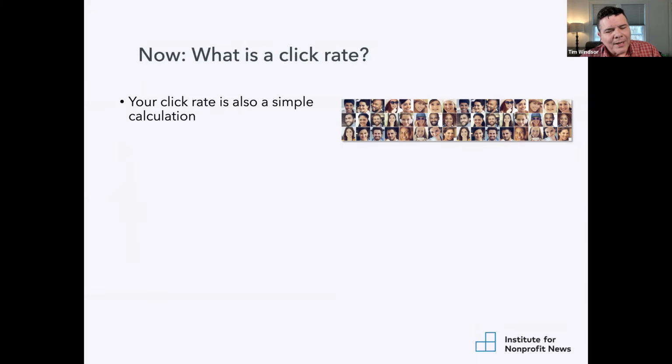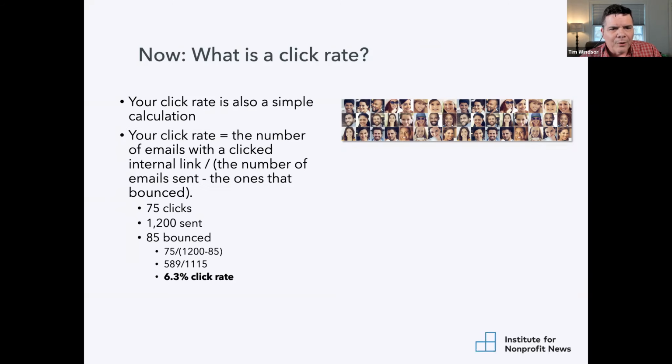Similarly, there are different ways that people report click rates in different organizations. Across this group, I think we're all in alignment on the way that MailChimp and others report it, which is the number of emails that you have successfully delivered, out of all of them that you have sent, that have a click. So it's not a percentage of the opens that are clicked.